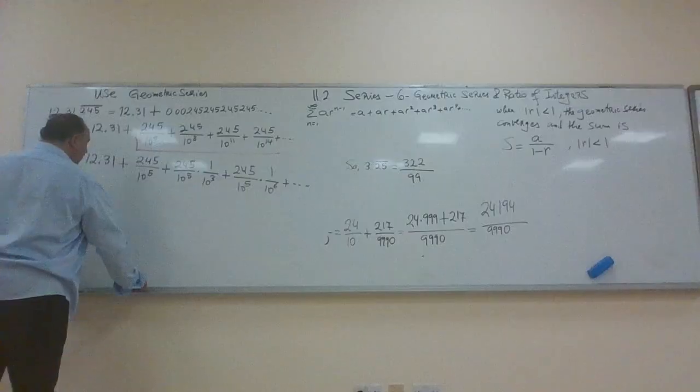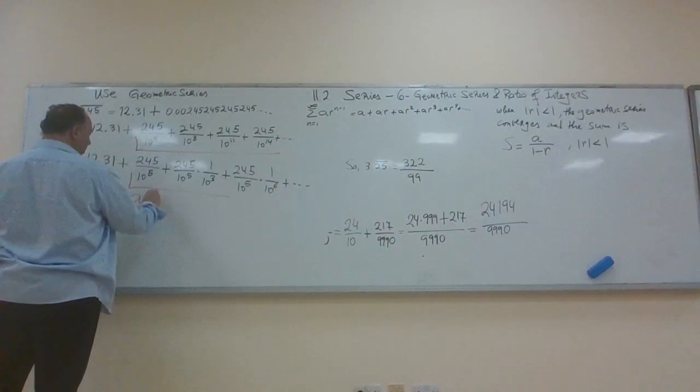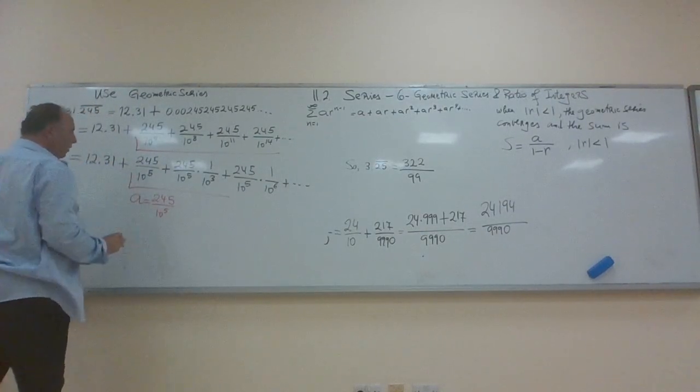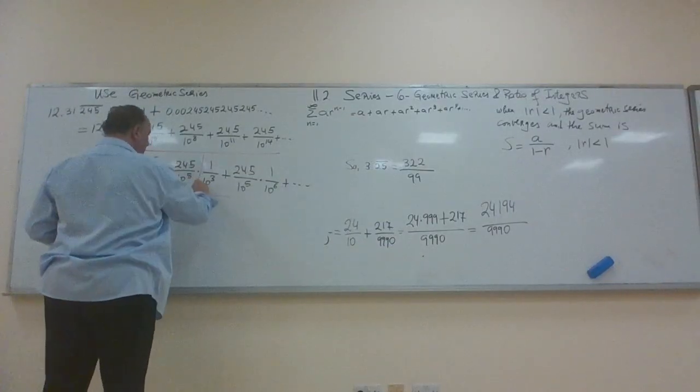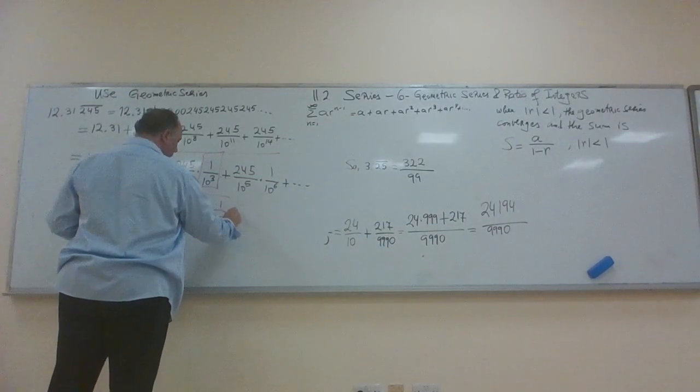So now here it is clear that we have a geometric series with A equal to 245 over 10 to the power 5, and R equal to 1 over 10 to the power 3, which is smaller than 1.